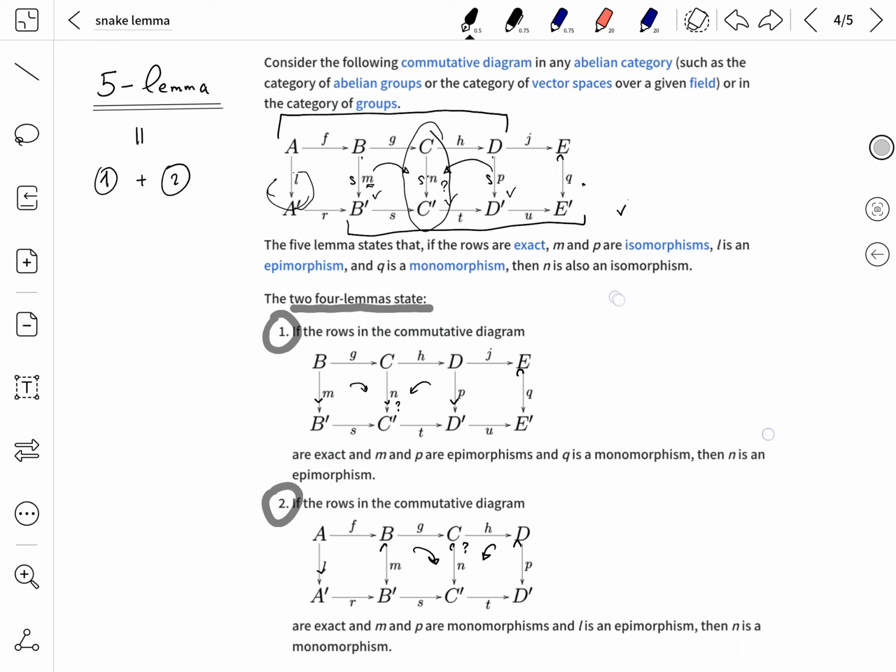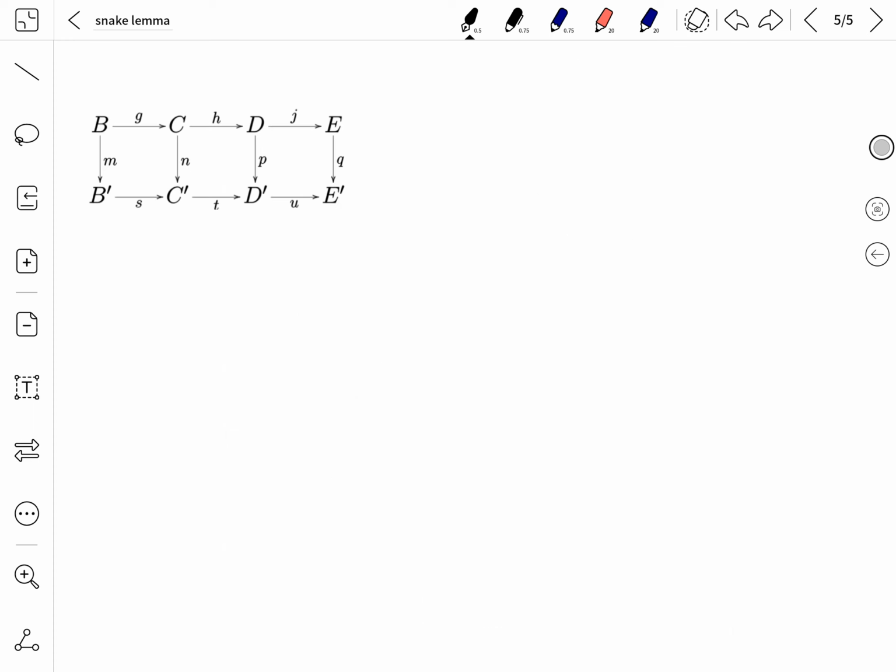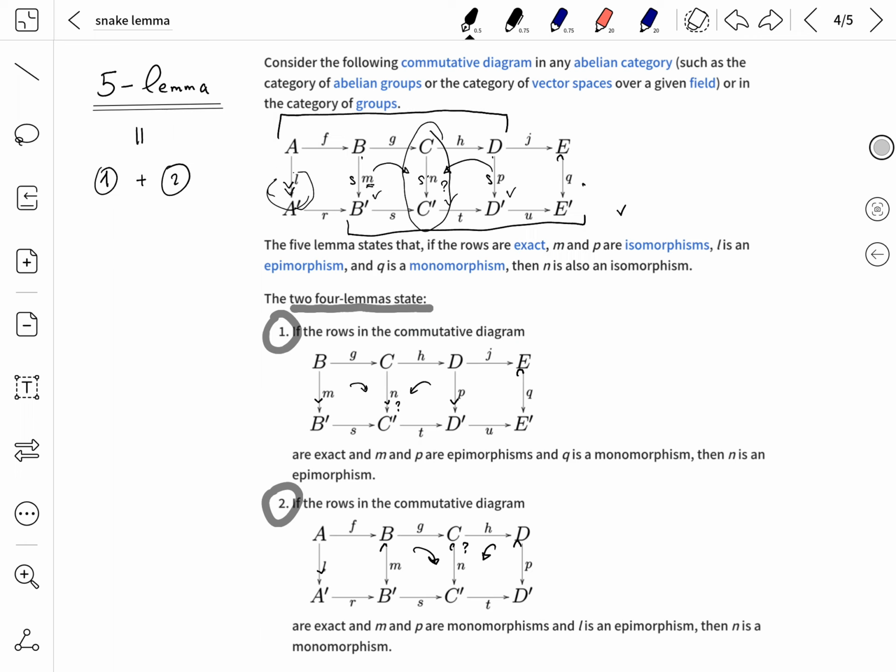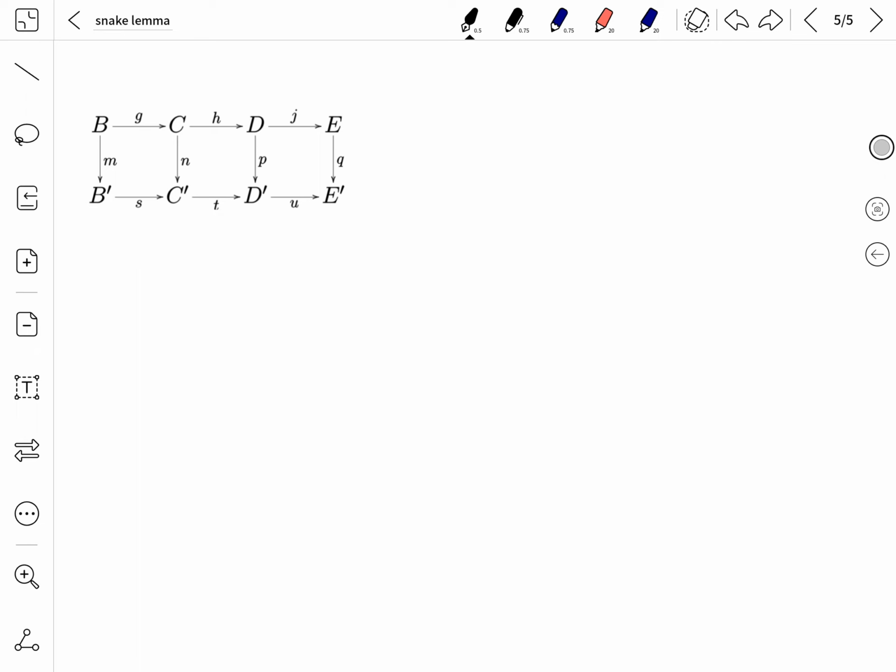Okay, so let's just prove one of them. Let's just look at this first 4 lemma, which requires that surjective plus injective force the middle one to be surjective.